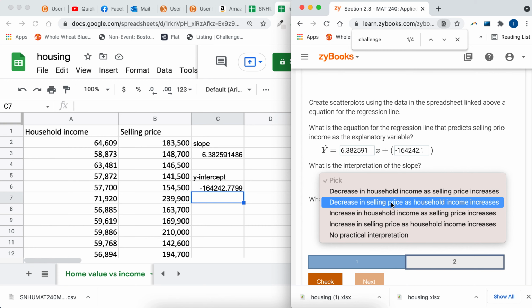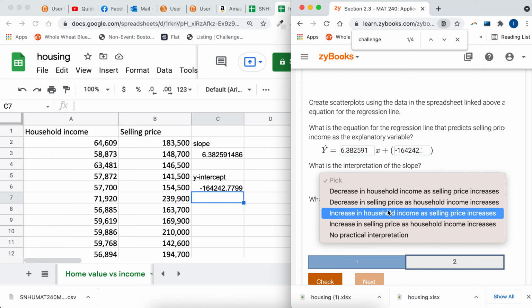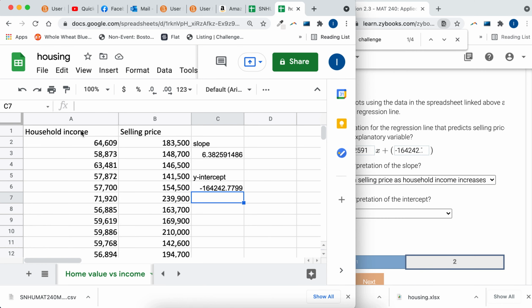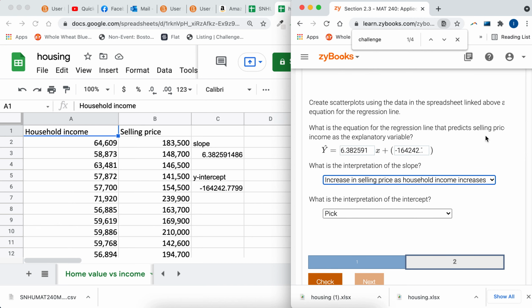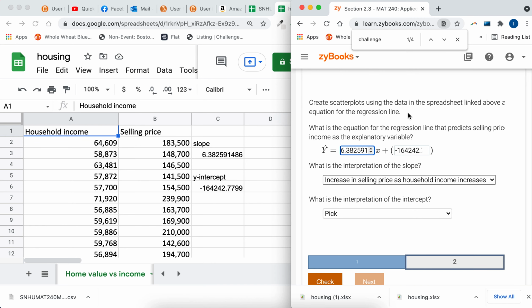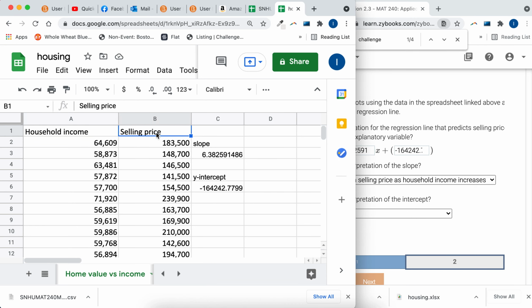So since it's a positive slope, selling price is going up when household income is going up. If the slope was negative, that means the y variable is going down as the x variable goes up. Just to repeat that distinction, I have a positive number for my slope, so selling price goes up when household income goes up. If I had a negative slope, then my y variable goes down while my x variable goes up.